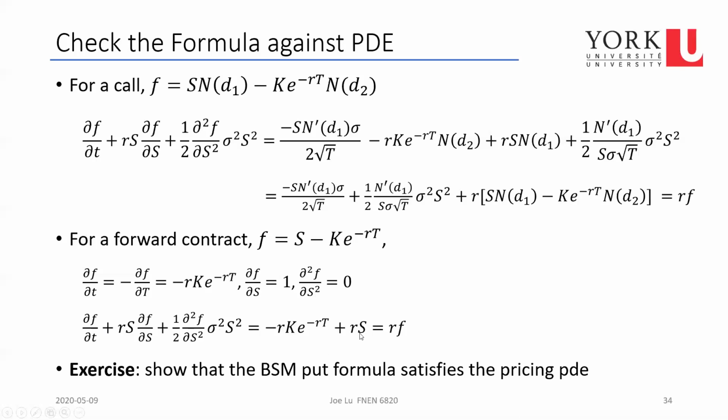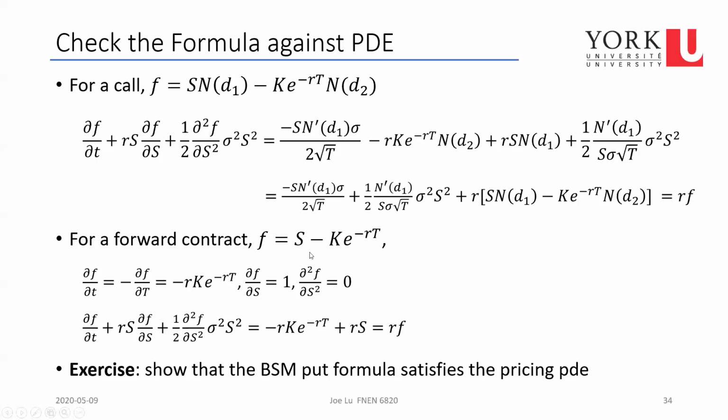And if you collect the terms of r, what's in the bracket will be S minus K times e to the power of minus rT, which is just F. So you also have r times S. So this part here is equal to rF.